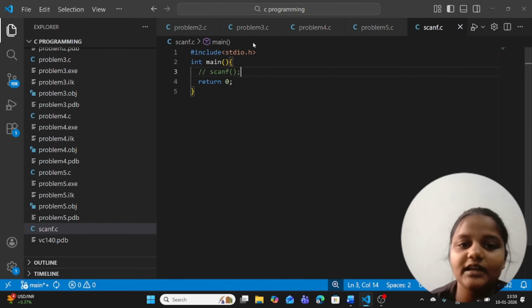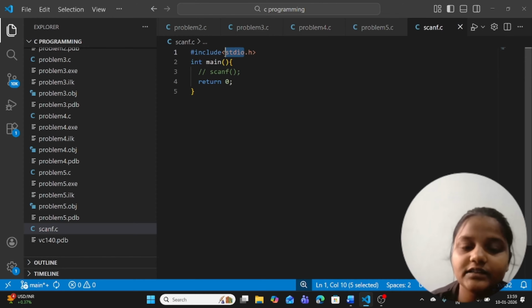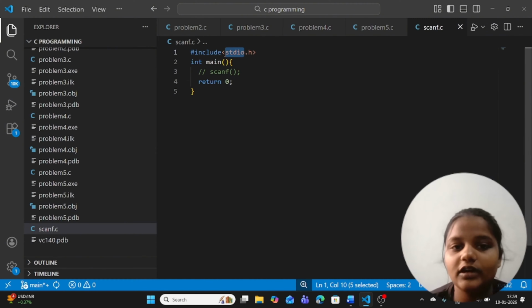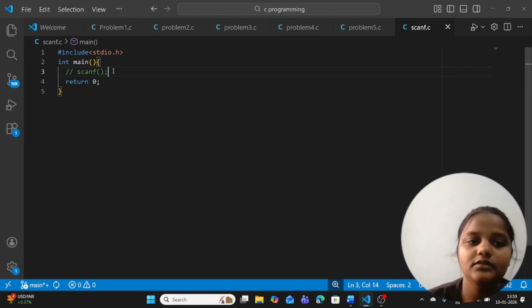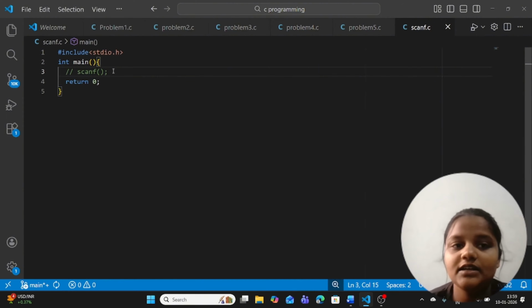It is from the stdio library, the standard input output library. From that library we take the scanf function to get the user input. Basically scanf is a formatted standard input function.